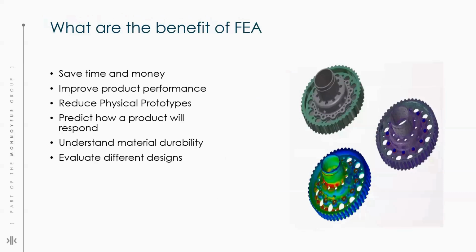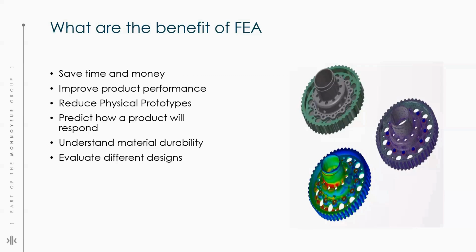Here you can see that with finite elements you get multiple benefits. Finite element analysis is a computerized system that can help engineers design products that are more reliable and perform better. FEA can help engineers save time and money, as it reduces the need for physical prototypes and testing.